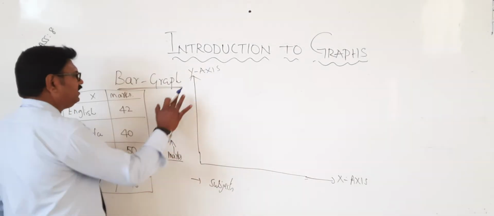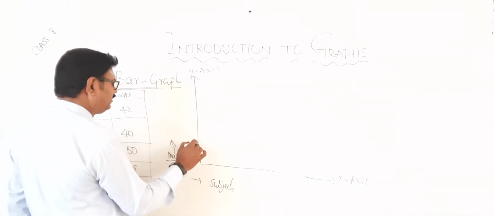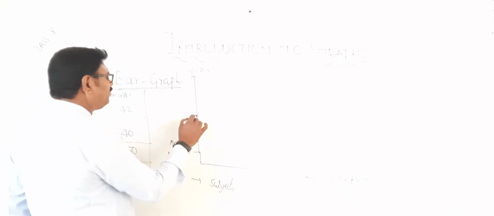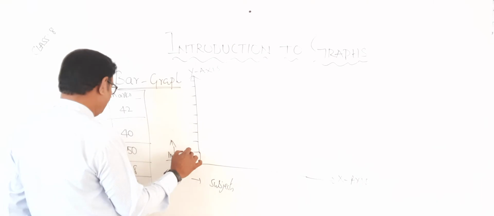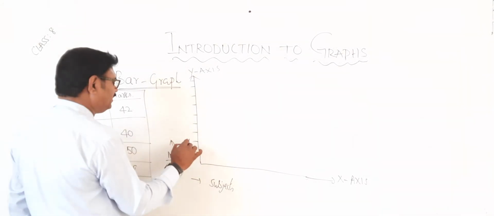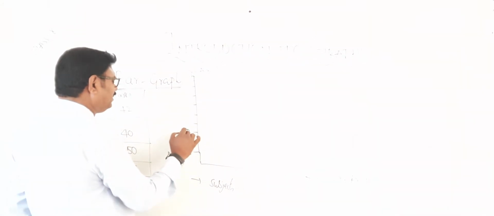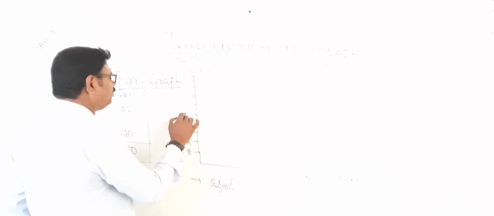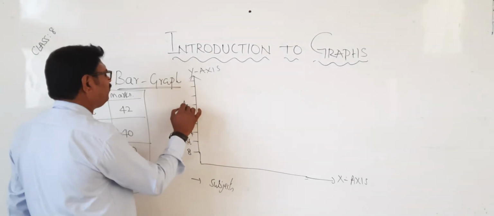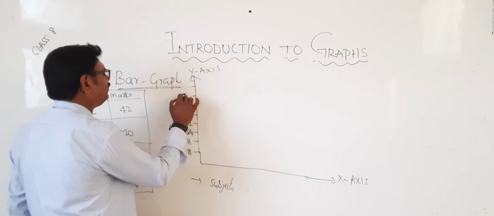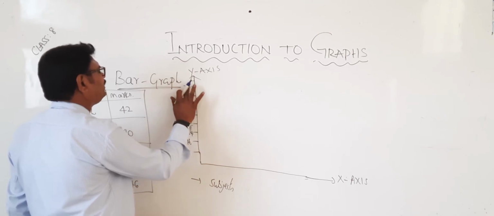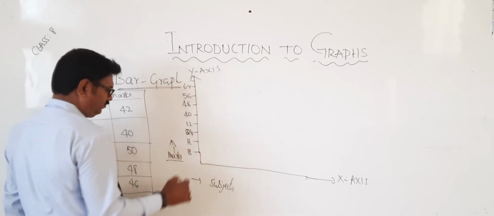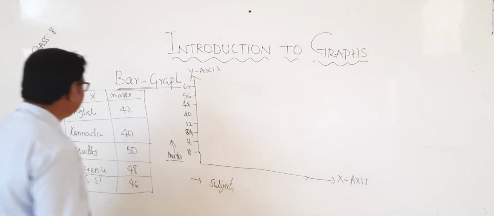But we can't take them directly, so we will take in a different manner: 1, 2, 3, 4, 5, 6, 7, 8, 9. We will take from 8: 8, 16, 24, 32, 40, 48, 56, 64.